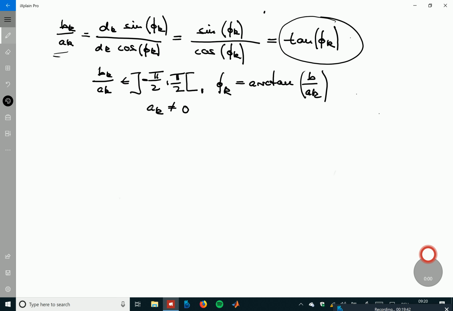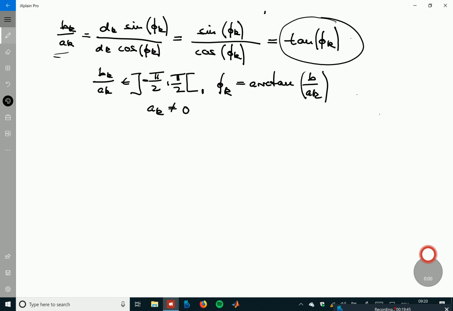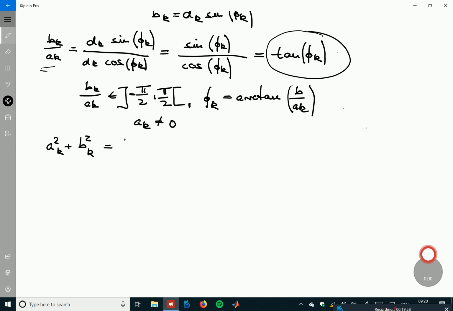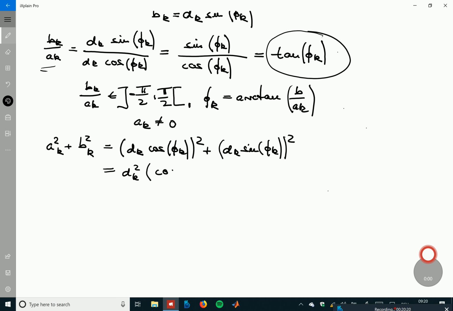The other formula for the dk comes about also with a little bit of magic: if one squares the ak and the bk in this form, then one gets dk cos phi k squared plus dk sine phi k squared, and then one can take the dk squared out of it and has cos phi k squared plus sine phi k squared.